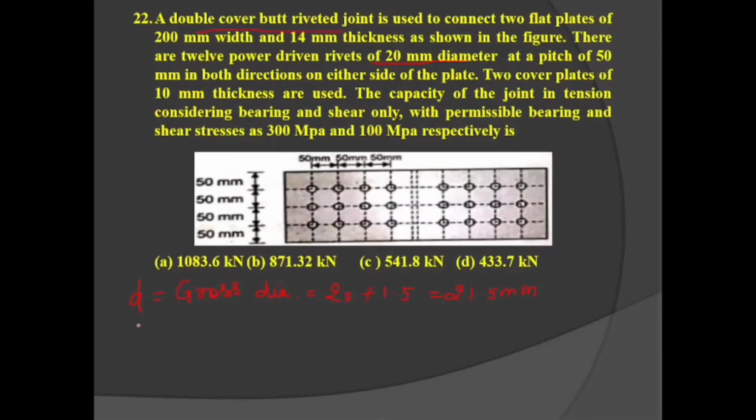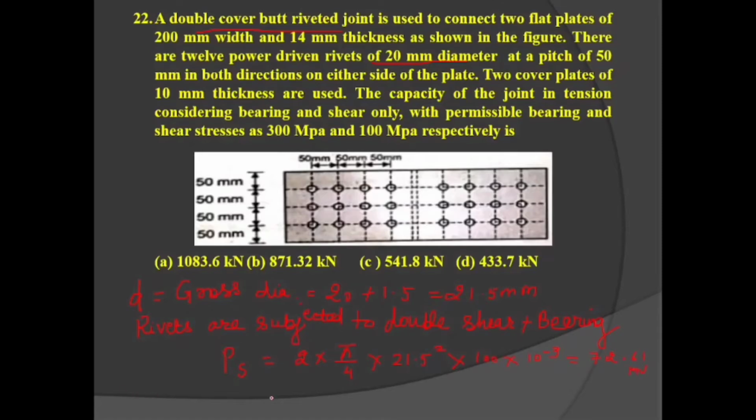So the shear strength of the rivet, PS, for a single rivet: pi by 4 d square into 2 for double shear, that is pi by 4 into 21.5 square, into FS, which is given as 100 megapascal, 100 into 10 to the power minus 3, that is equal to 72.61 kilonewton.